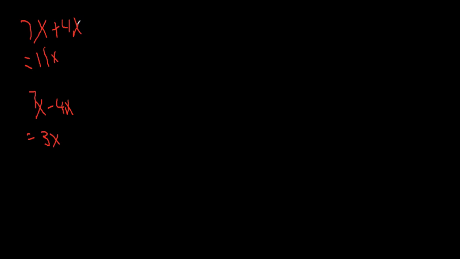So we've added just the two terms here. We have our like terms, but what if we have an expression that we have to simplify, and in this expression they're not all like terms? We have some numbers, we have some variables and coefficients. Let's try that. Let's see, we have 3 plus 2x plus 5 plus 4x.